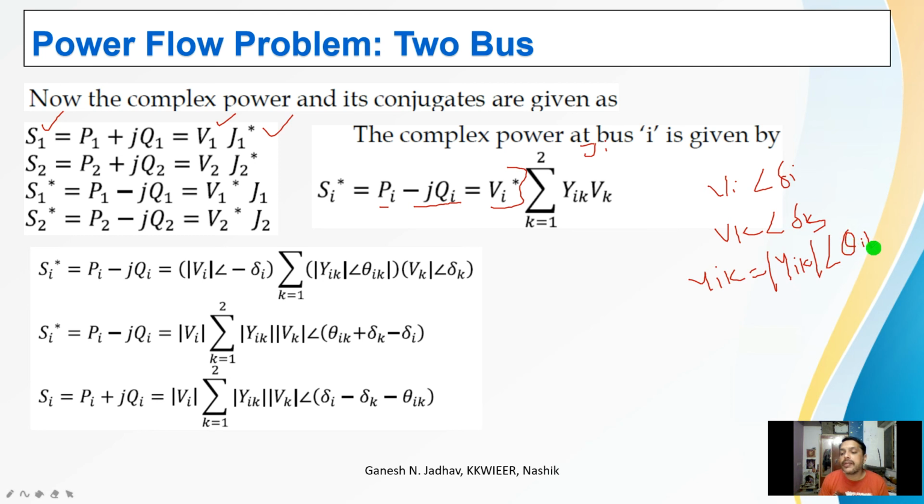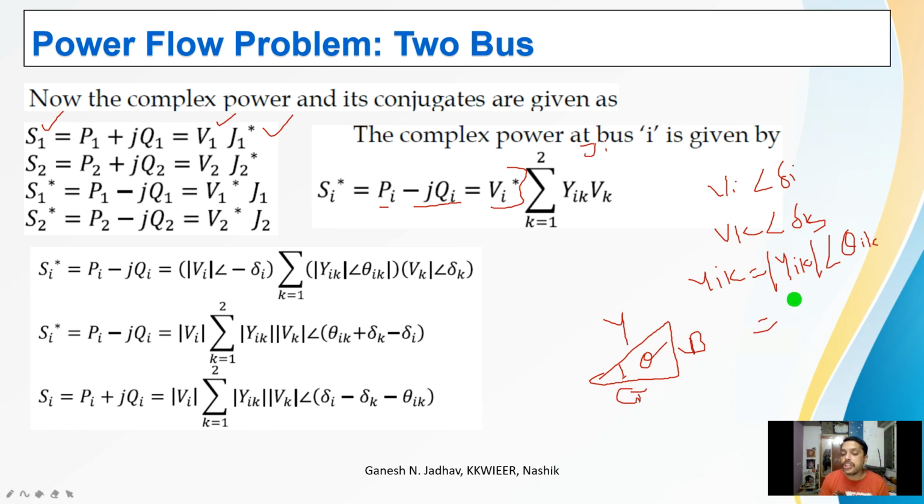So what is its significance? I will tell you in the admittance matrix. In the admittance matrix, suppose this is G, conductance, this is the susceptance, then this is Y, and this is the angle theta. So the same I am taking here.